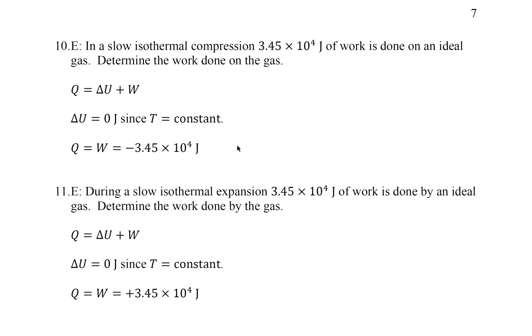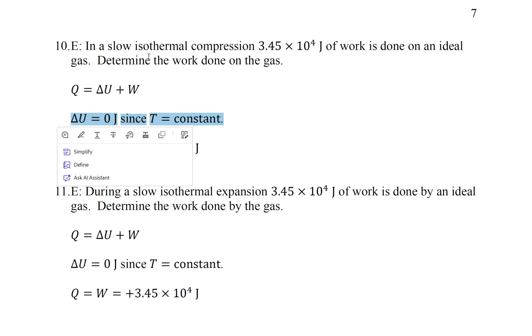Question 10. In a slow isothermal compression, 3.45 times 10 to the 4 joules of work is done on an ideal gas. Determine the work done on the gas. It says isothermal. That means temperature is constant, so delta U is 0.